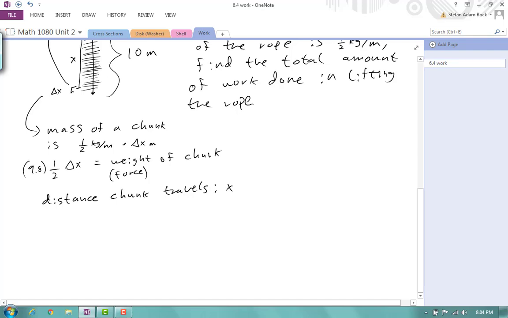So the work done in lifting just a chunk of this rope, well, that's going to be 9.8 times x divided by 2 multiplied by delta x. That's my mass times gravity, which is a force, multiplied by the distance traveled.